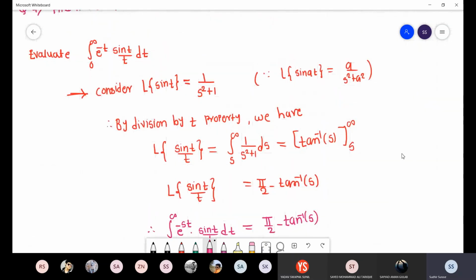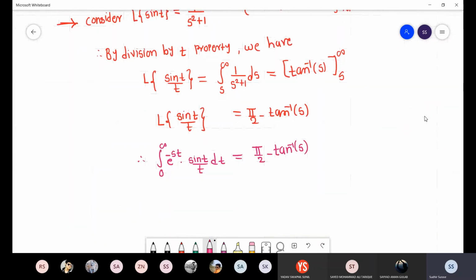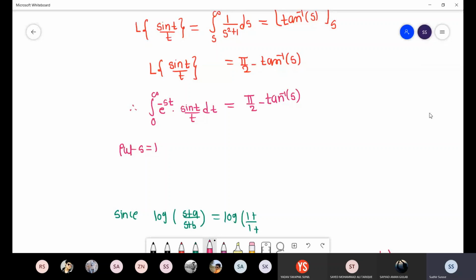Yes, because we want the value of this integral e to the power minus t sin t divided by t, and here we have s, so we put s equal to 1 on both sides so that we get this integral. So on the left hand side it is integral 0 to infinity e to the power minus t sin t divided by t dt, and on the right hand side we have pi by 2 minus tan inverse 1.